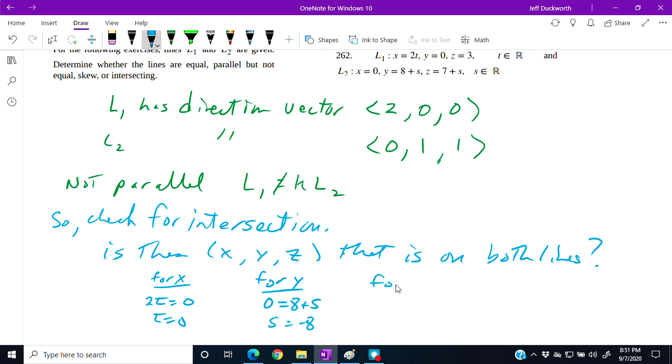And then for z, we have 3 equals 7 plus s. So that would mean s equals -4, but that's a contradiction since s is -8. So that's not going to work. So clearly we don't have an intersecting point. So these are skew.